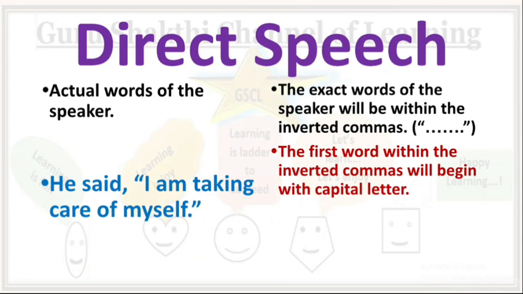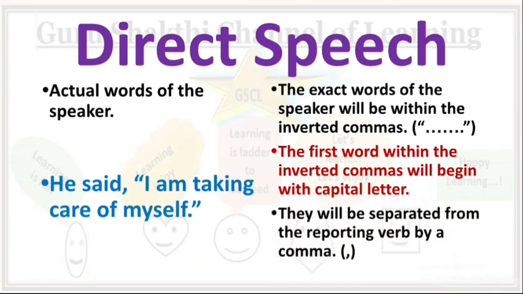If in case some other word would have been there, then that word would begin with the capital letter. Reporting verb is said, the word said, and it is separated from the reported speech by a comma.